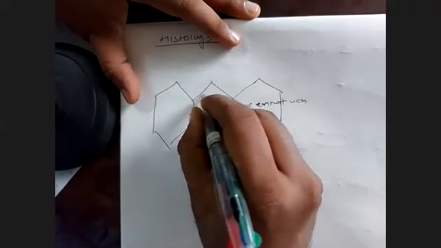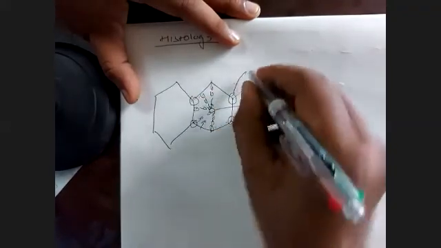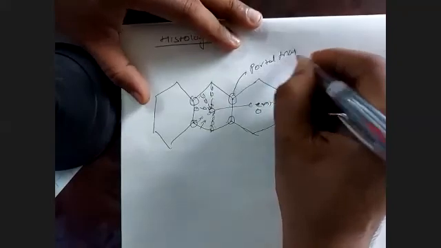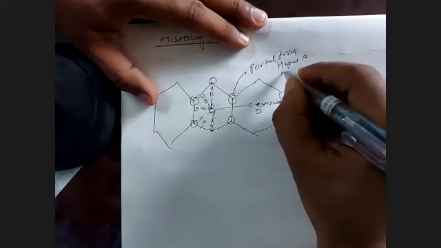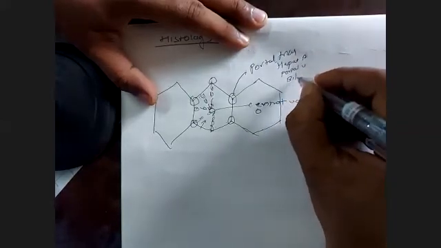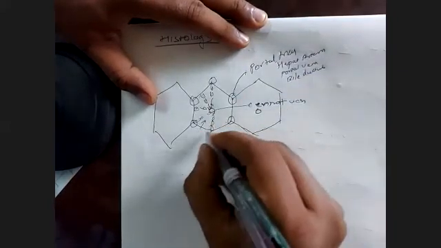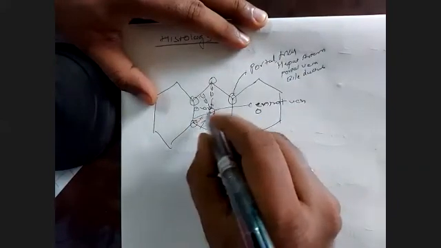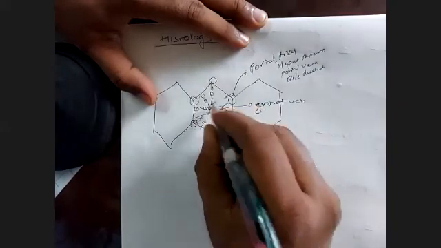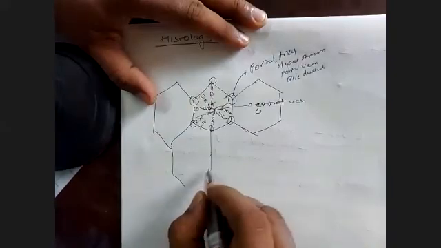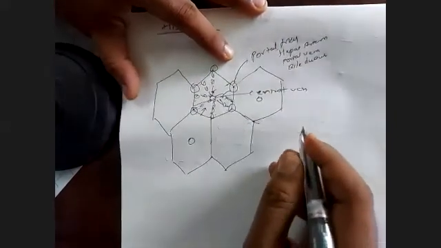At these corners is the portal triad, which contains a branch of the hepatic artery, a portal venule, and a bile ductule. They send the blood which goes into the central vein, and in between there are hepatic cells, which process it. So this is what is called a hepatic lobule, which is drained by one central vein.